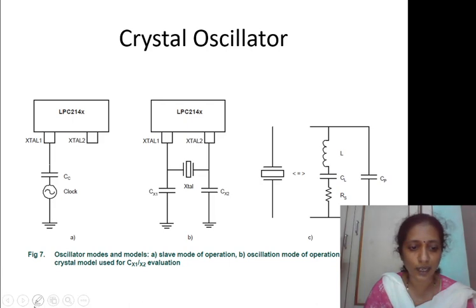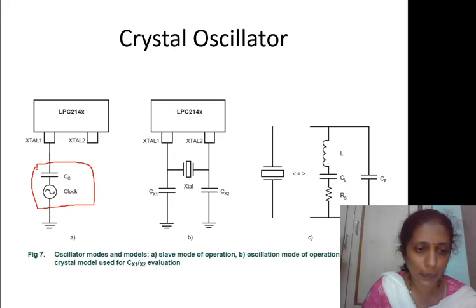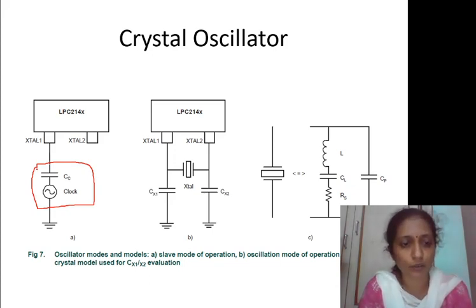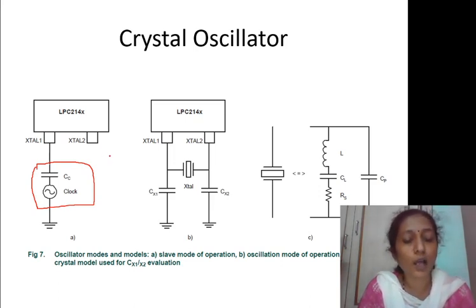Here you can see this is the clock signal. It is your function generator which is going to generate the clock signal, and that function generator output is connected to the LPC2148 at XTAL1, and XTAL2 is kept open, or it can give you the signal outside.